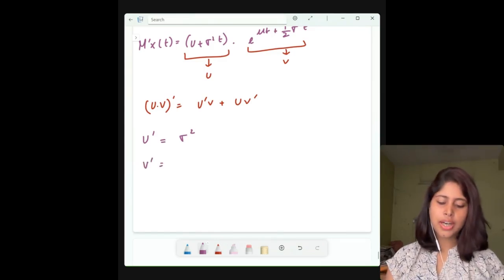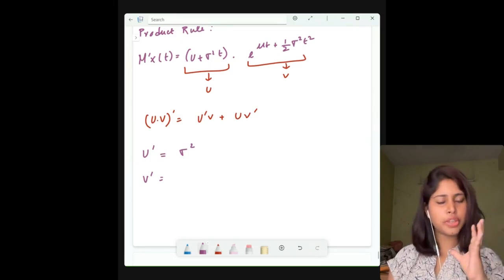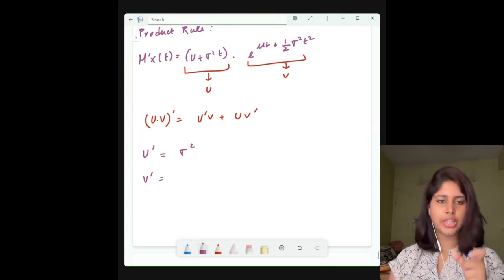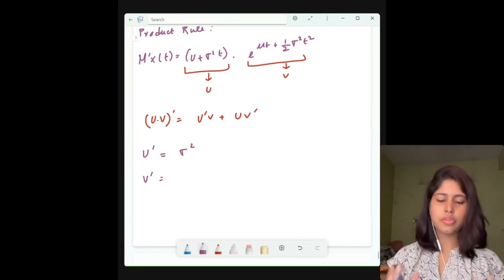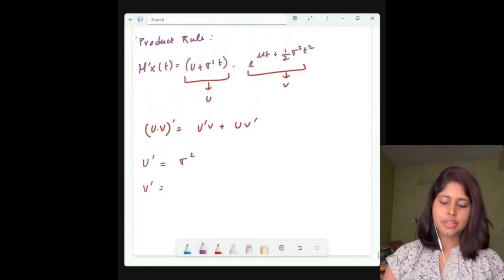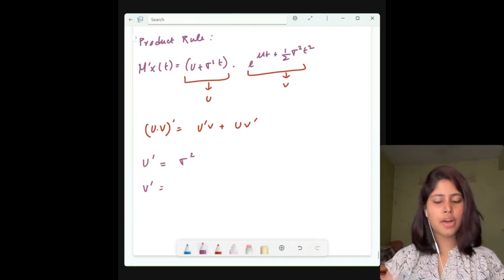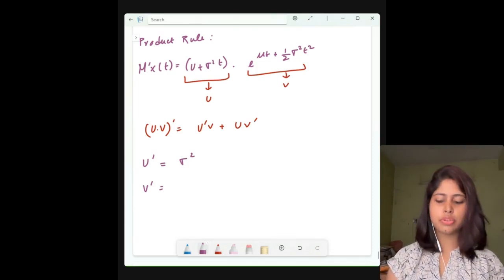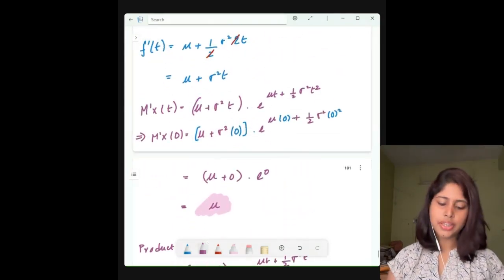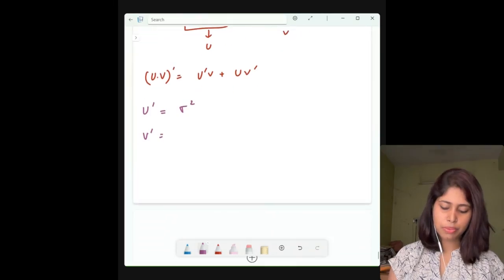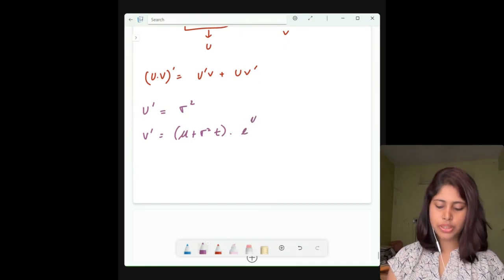Here, v dash will be, first we need to differentiate the f dash(t), that is this exponent, then we keep the whole exponent as given. For mu t plus half of sigma square t square, we have already learned that it will be mu plus sigma square t, right? So v dash is (mu plus sigma square t) into e to the power (mu t plus half of sigma square t square).